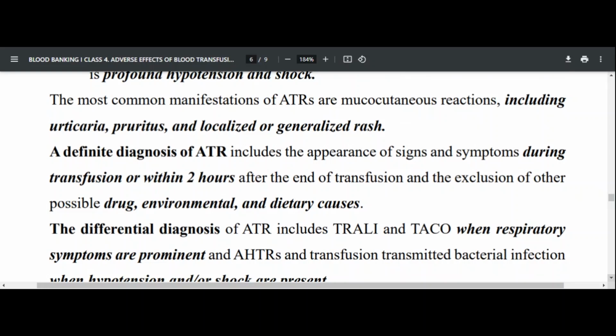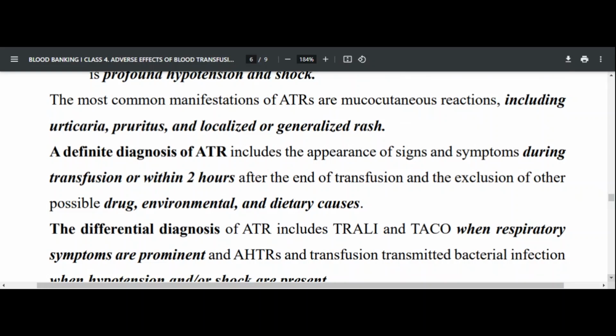For example, even food can cause serious allergy, even drugs, and even environment and weather. So they can cause these allergic reactions. So you must exclude those other possible causes in order to establish diagnosis. But of course, it happens during transfusion or within 2 hours after transfusion.